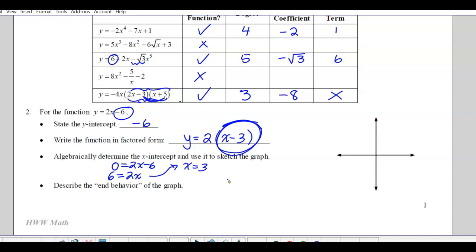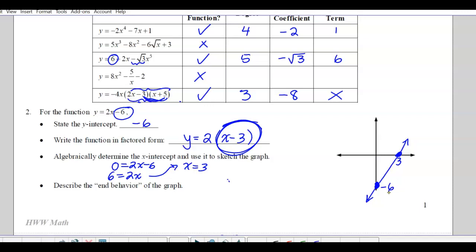So, we're going to sketch the graph. X-intercept of 3, y-intercept of negative 6. Okay, and then draw a line. So that's the line that has equation y equals 2x minus 6.